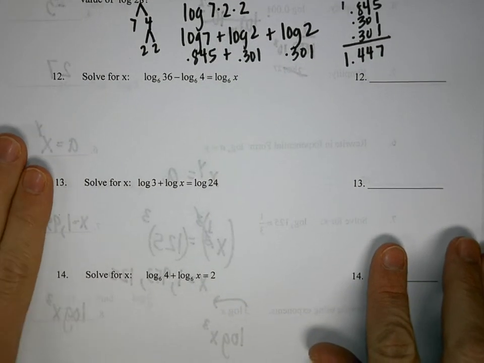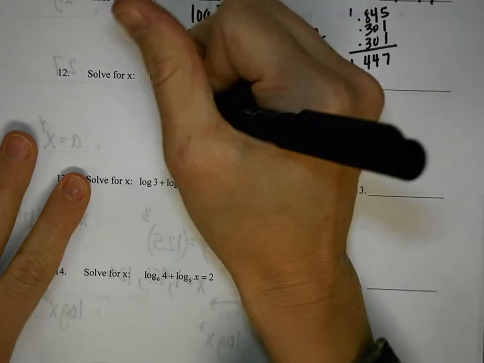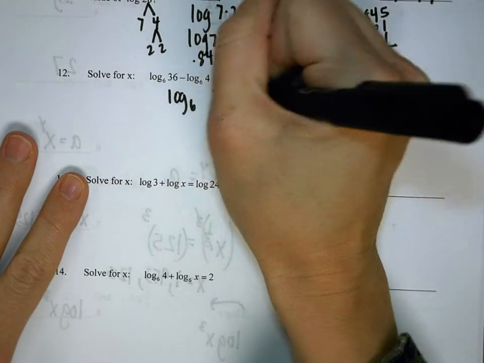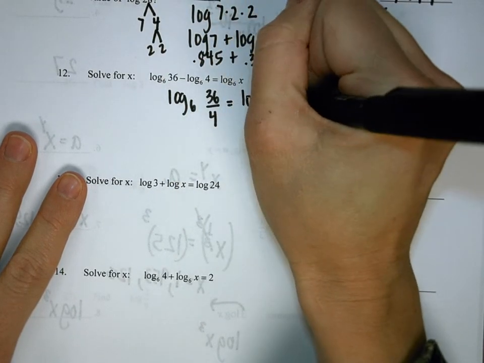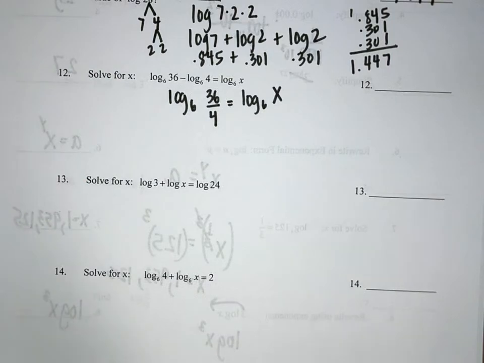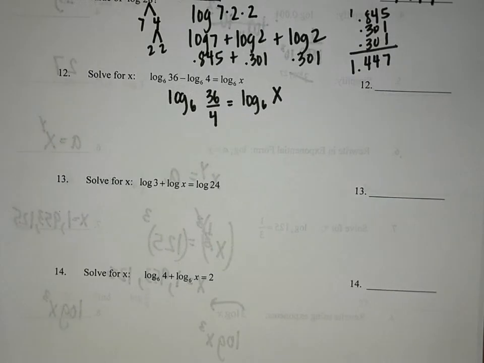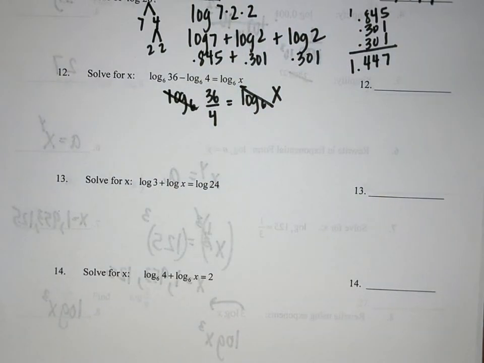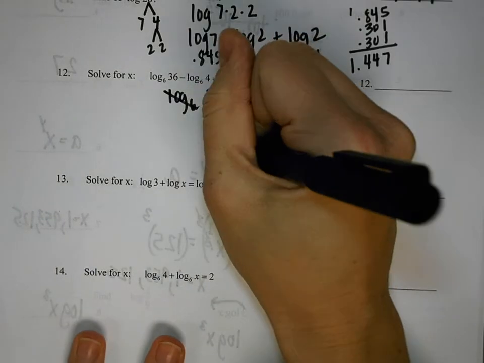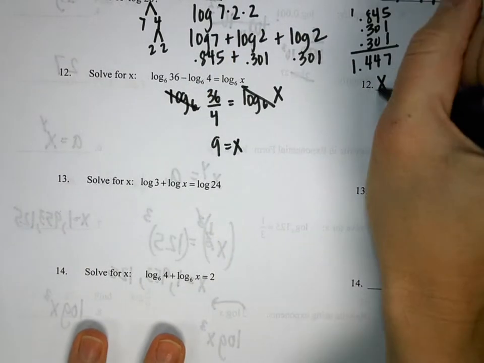Subtraction changes to division. So I have log base 6 of 36 divided by 4 equals log base 6 of x. If you have a single log on both sides, you can drop the logs. Let's drop the logs. What is 36 divided by 4? So 9 equals x, and that is my answer.